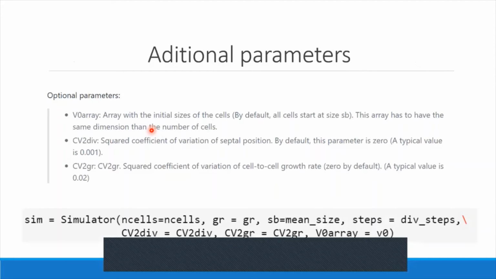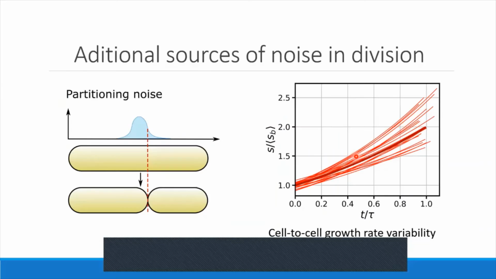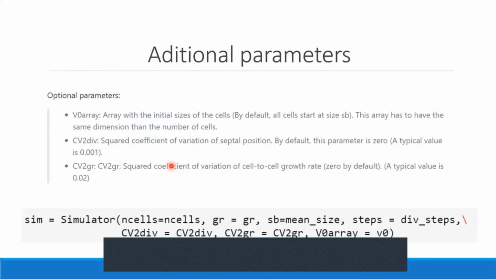By default, this division CV squared is 0, assuming that bacteria perfectly split on 0.5 of the size of the mother. A typical value is 0.01, and that is low, but it's important if you want to simulate realistic division in E. coli.